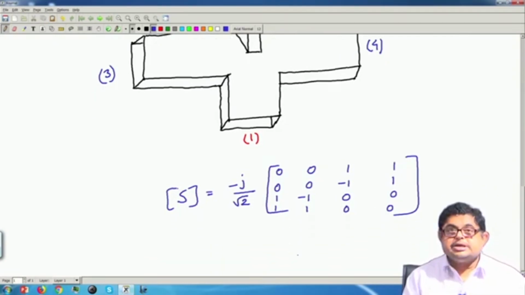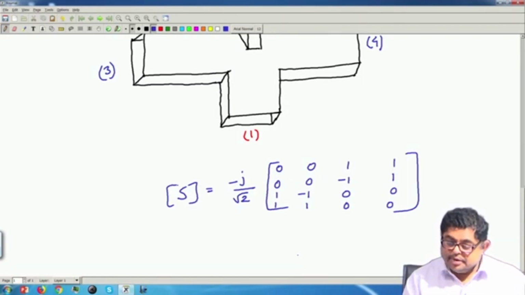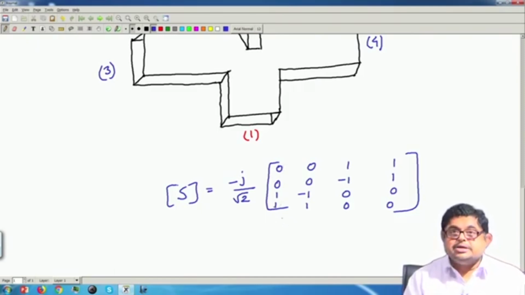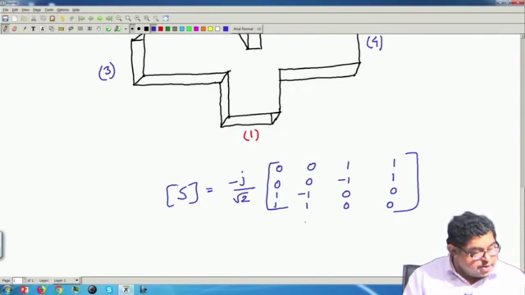So, from this S matrix we can say a few things. When the input is given at port 1, you see the first column, it gets equally divided between ports 3 and 4, and nothing comes out of port 2 because of this 0.